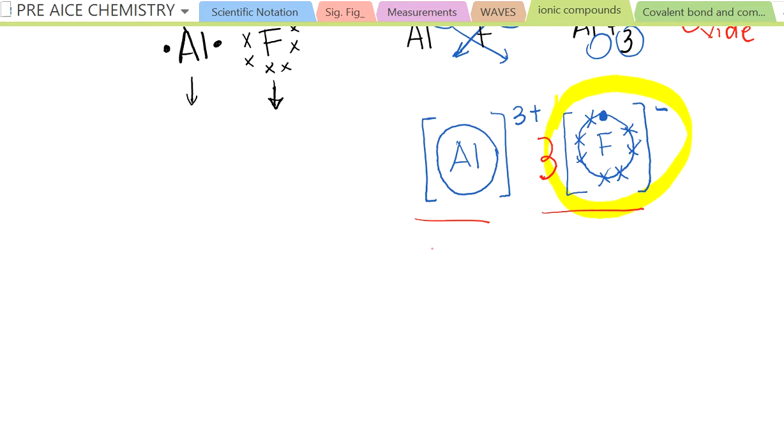Aluminum fluoride. Okay? Remember that this one changes the suffix to -ide, and this one doesn't change. So it's going to be aluminum, or aluminium in British English. Okay? Aluminum fluoride. Yes? So far, so good?